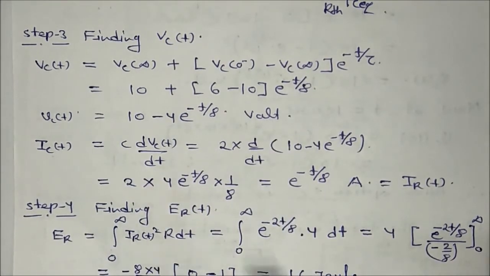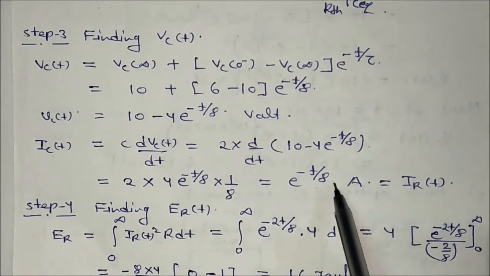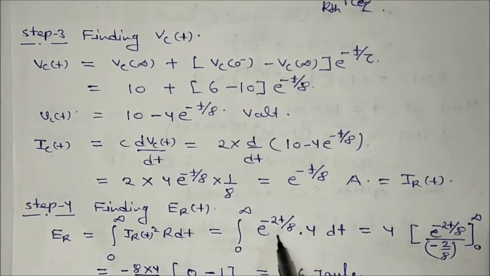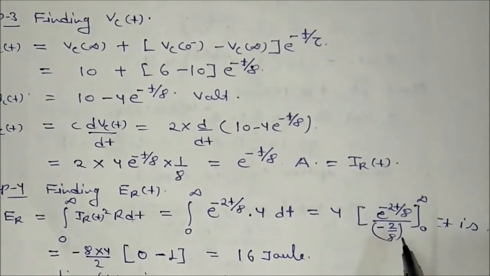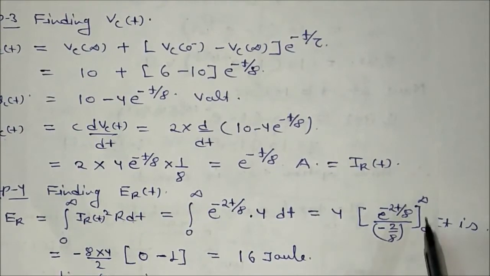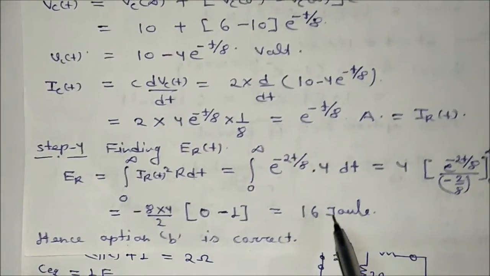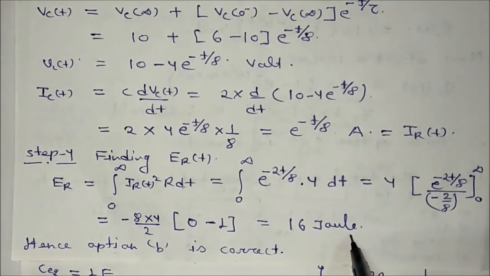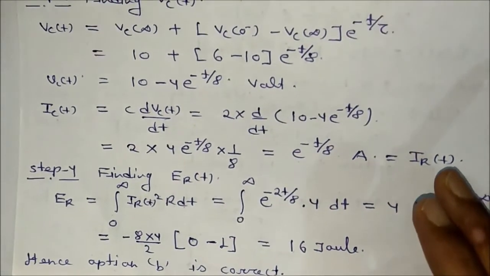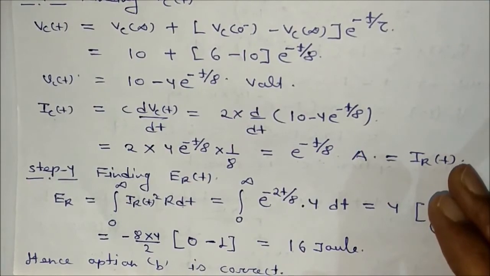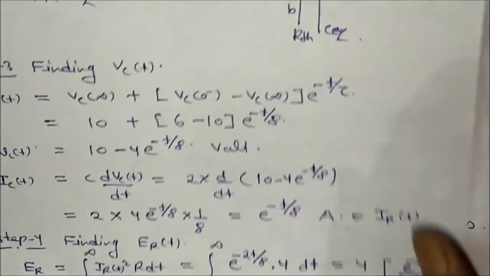Then IRt we have already calculated. Okay, just make the integration here. I have made the integration here and put the limit 0 to infinite. What value will you get? Its answer will be what? This is 16 joule, hence option B is correct.